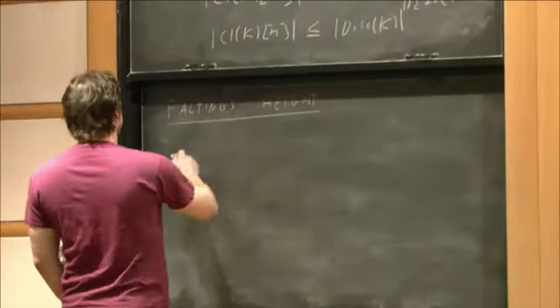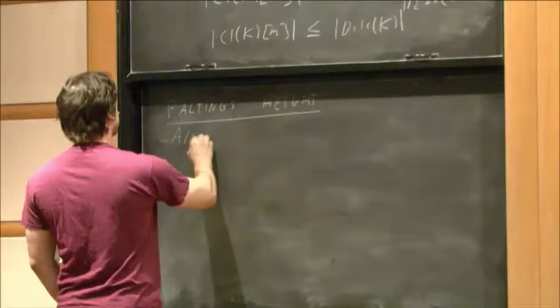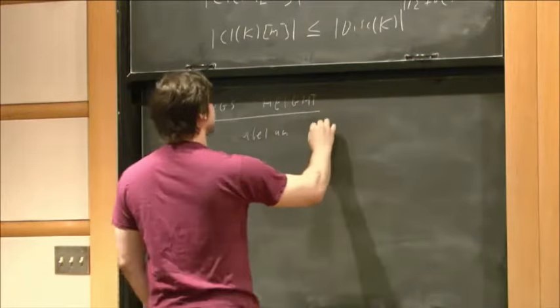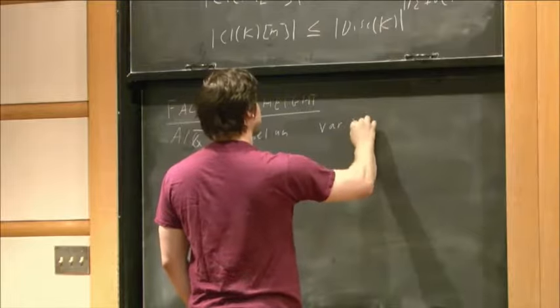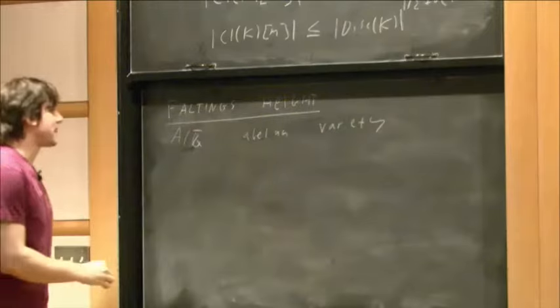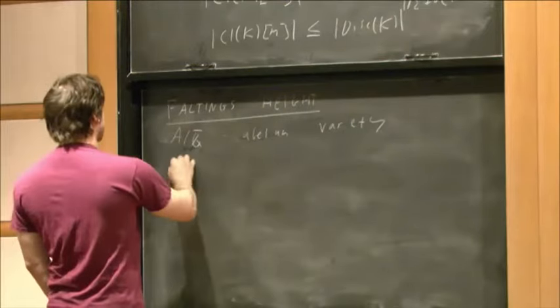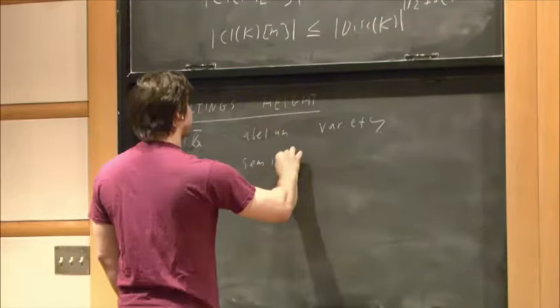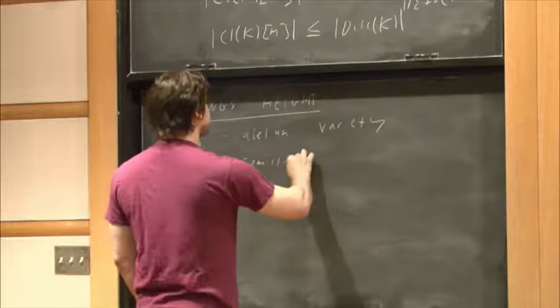So suppose that A over Q bar is some abelian variety. OK? And let K be a big enough field such that A over K has good reduction.